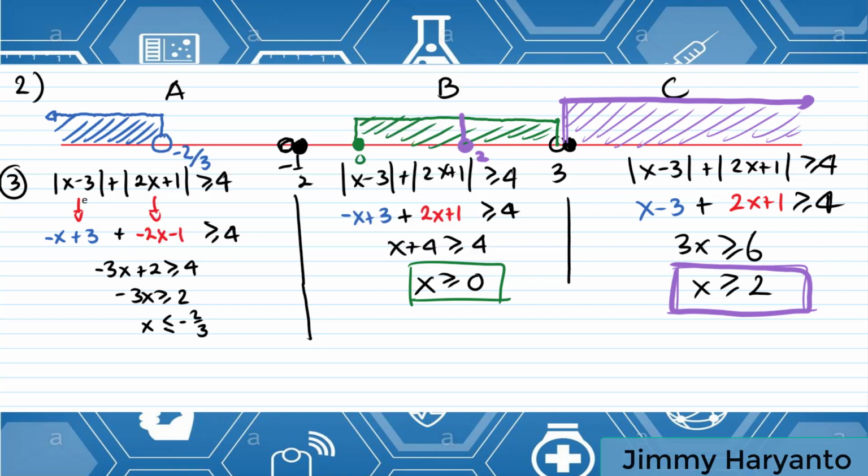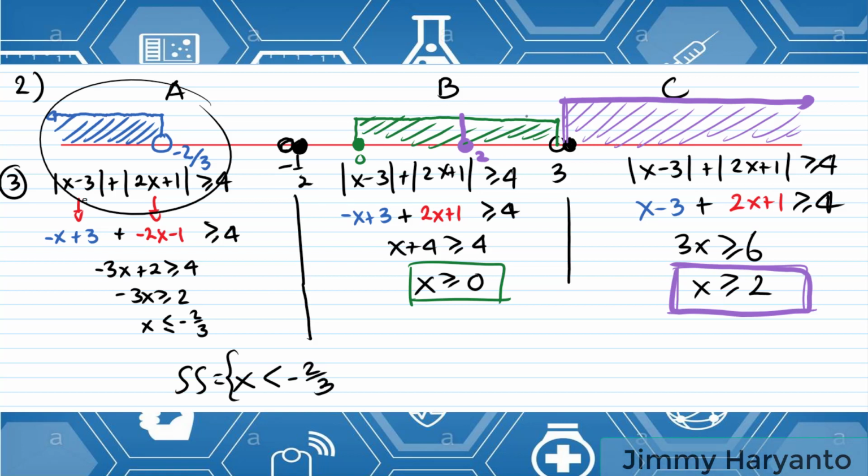If we combine them together, I will get answers. Solution set equals to, for this one, x less than negative 2 over 3. And then for this one, I can combine them all. Because ini nempel ya. Kalau nempel bisa digabungin langsung semua ke sana. Jadi jawabannya adalah x.